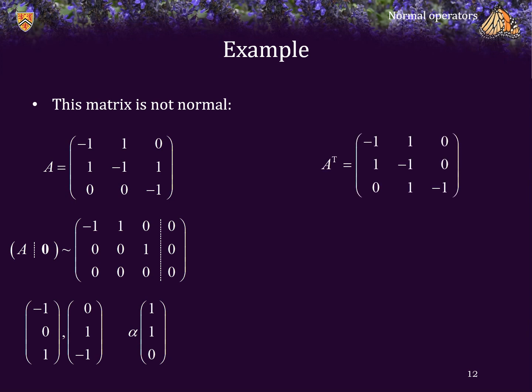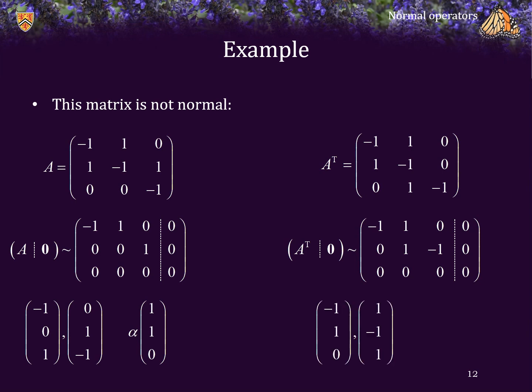Here's the transpose of the matrix. Again, now we try to solve the homogeneous system of linear equations, and we get that a basis for the null space are the first two vectors. Yes, those are different subspaces altogether, as you can see. Also, if we solve the homogeneous system of linear equations, we get that a basis for the null space is a completely different vector.